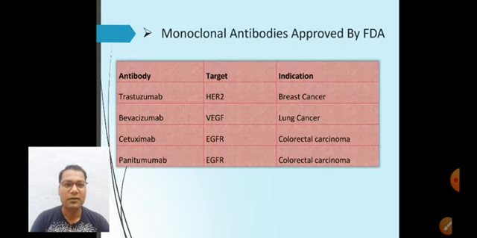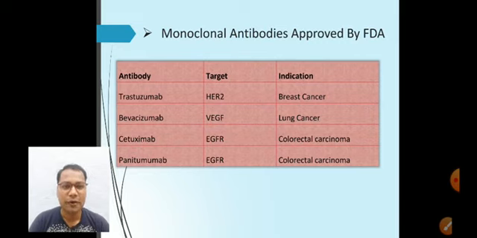There are some monoclonal antibodies which have been approved by the FDA. Examples of those antibodies are trastuzumab, bevacizumab, cetuximab, panitumumab.